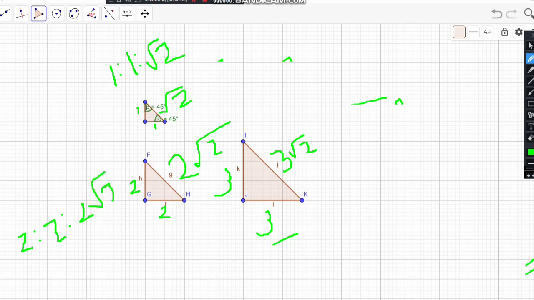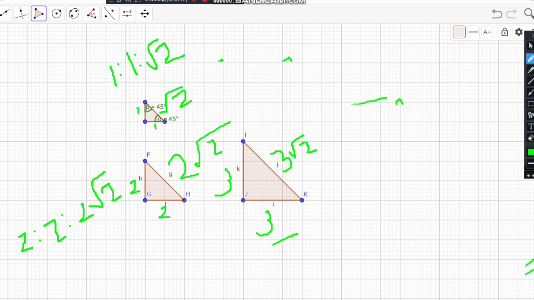But ratios are always written in the simplest form, right? So here we have 2 is to 2 is to 2 root 2. Which number is common here? 2 is common. So let us remove that common 2 from all the 3 terms.